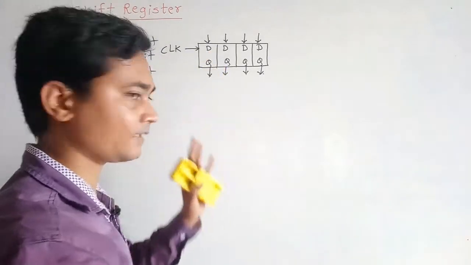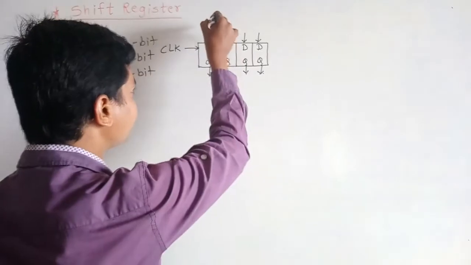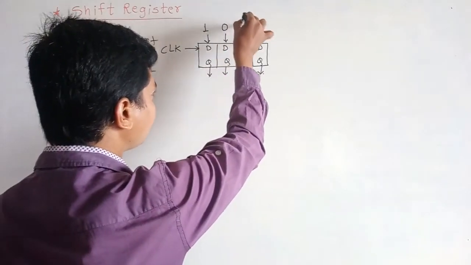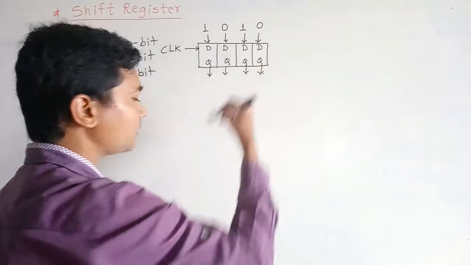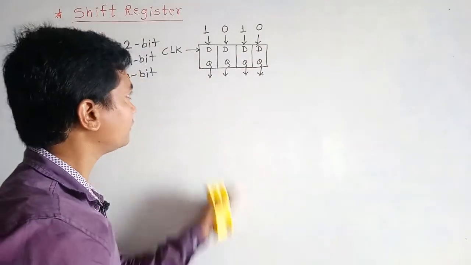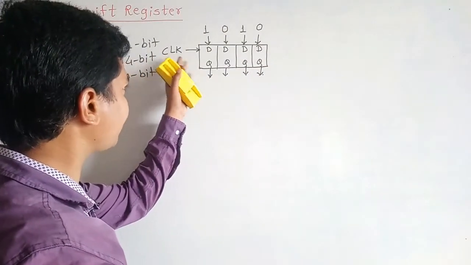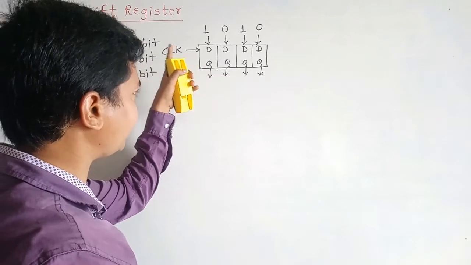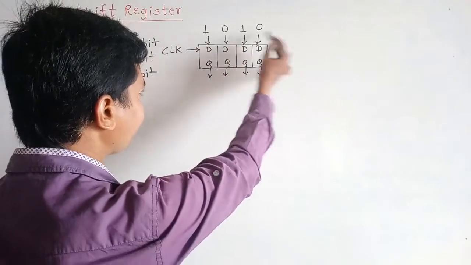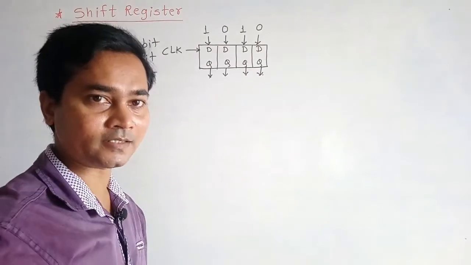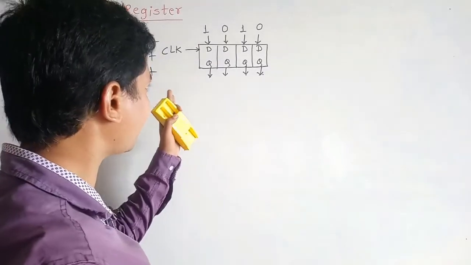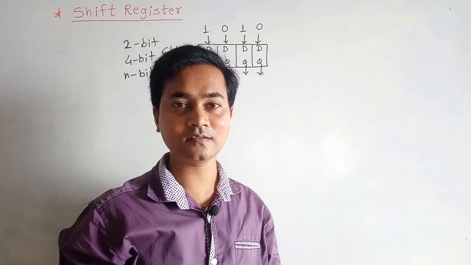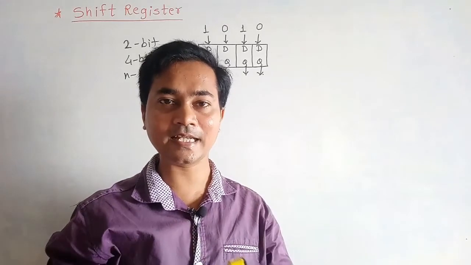Just for an example, consider that we want to shift the value 1010 to its output side. Whenever the clock signal is applied, only at that time will this input data be shifted to its output side. The clock has two types: positive edge triggered and negative edge triggered.